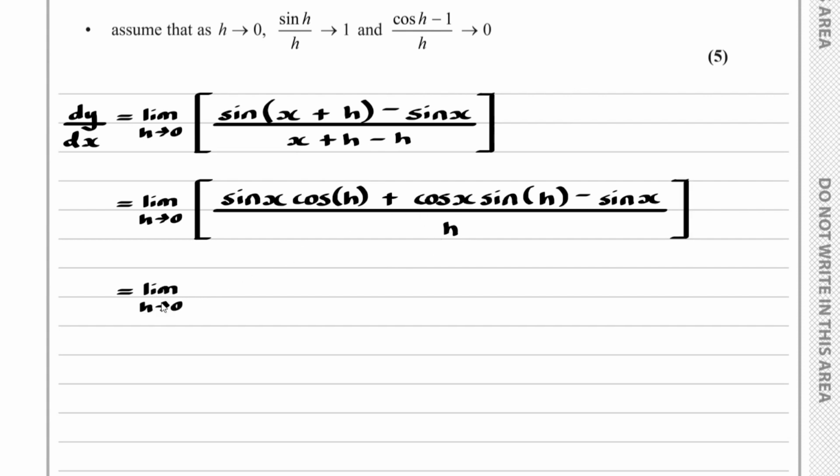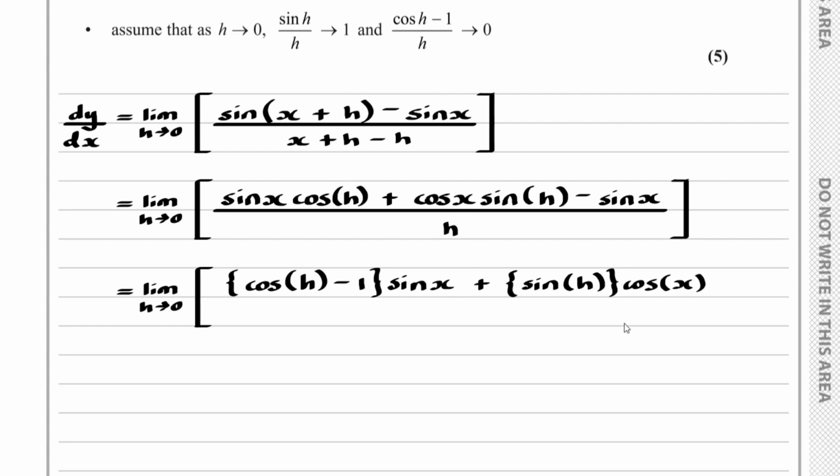So, we have the limit as h tends towards 0, and what I'm going to do is think about the terms involving sin x only. I've got sin x cos h, subtract sin x, and if I factorise out a sin x, I would have cos h subtract 1 multiplied by sin x, and then we've also got this term here, the sin h multiplied by the cos x, and then I divide this by h.